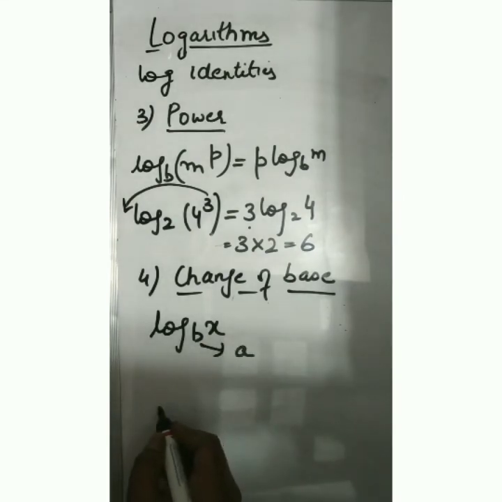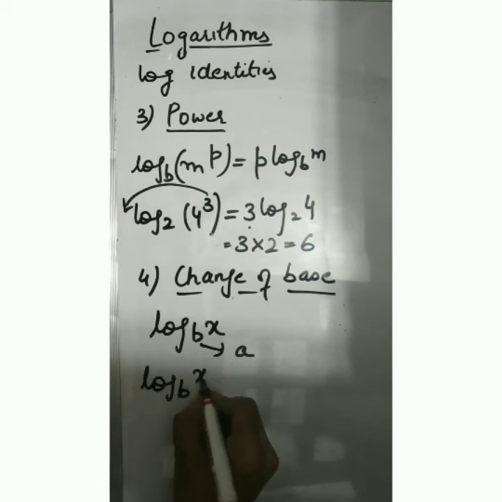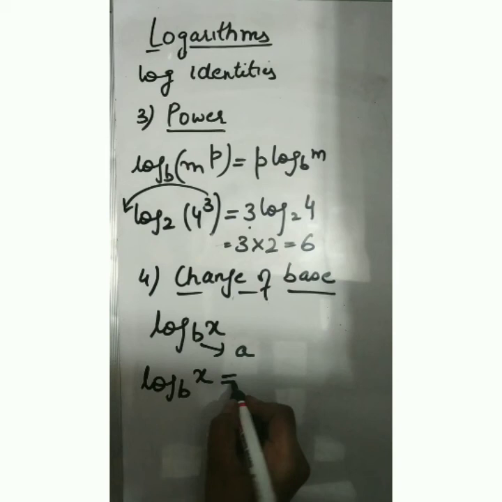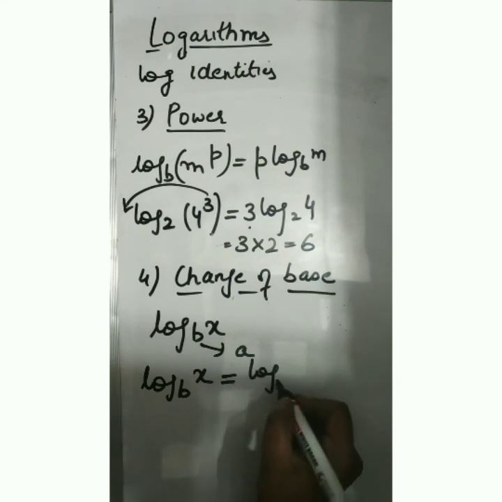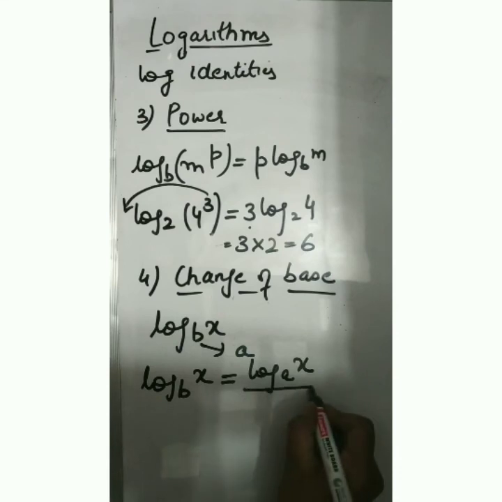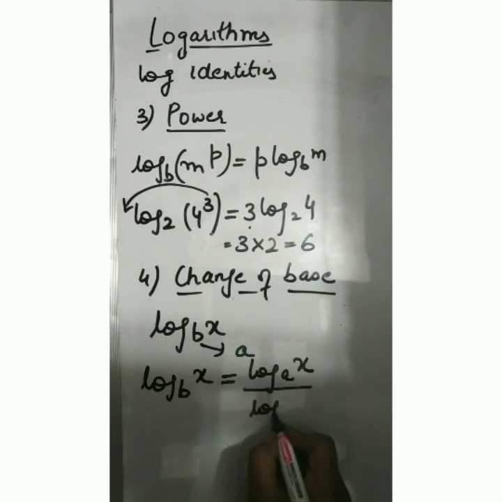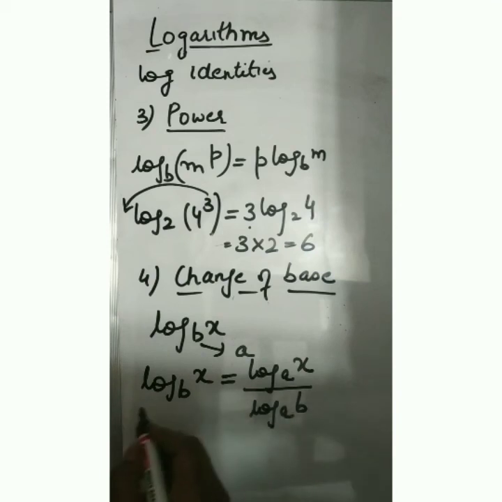Then we can make use of the formula: log of x to the base b is equal to log of x to the base a upon log of b with the base a. We can change the bases using this formula.